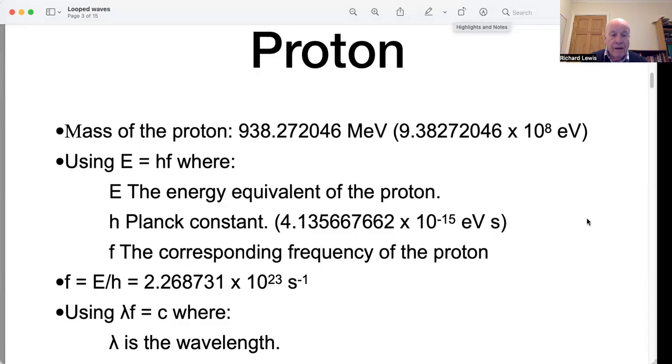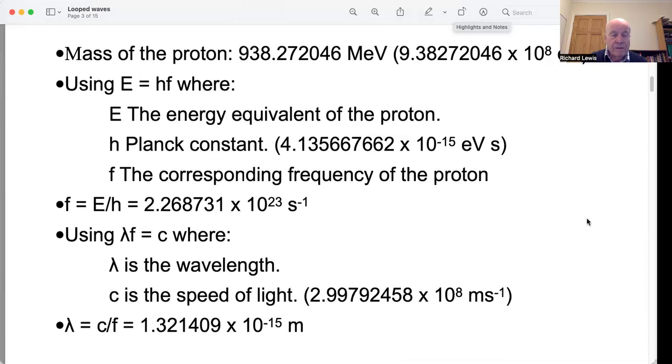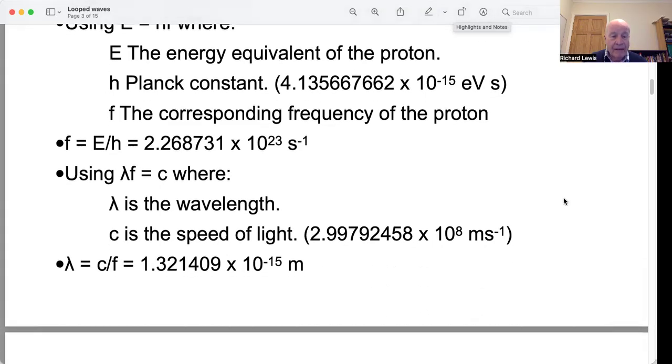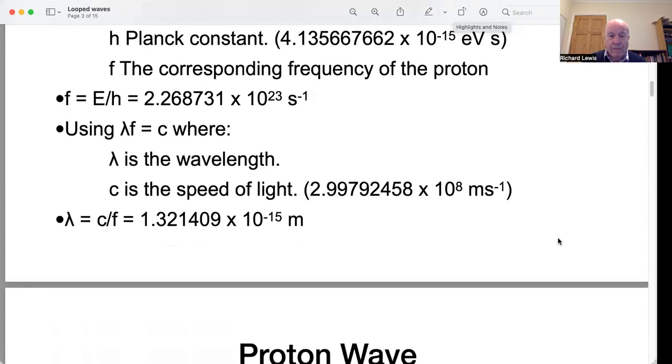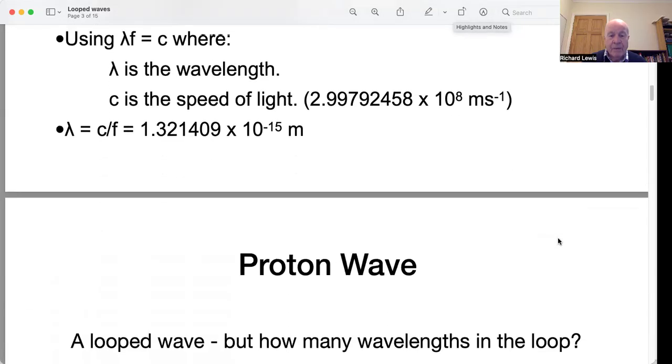So when we use the formula E equals hf, we get a frequency of 2.268731 times 10 to the power 23 seconds to the minus 1. And from that, we can directly get the wavelength, which is 1.321409 times 10 to the minus 15 meters. So that is the wavelength of the wave in the proton loop.